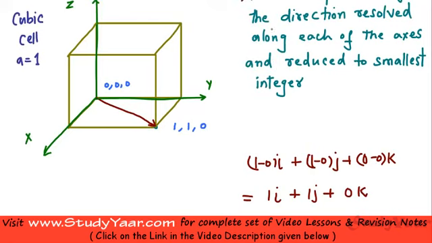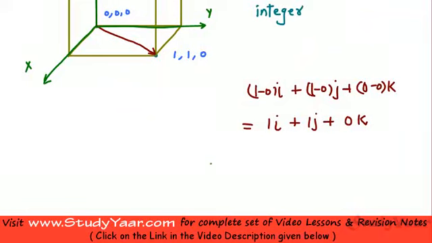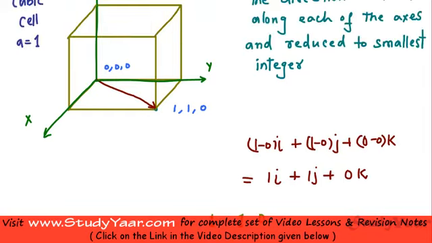Now these are to be resolved along each of the axes and reduced to smallest integers. Along the x-axis you have 1 unit, along the y-axis you have 1 unit, along z you have 0 units. So you have resolved this vector, which represents this direction, along the x, y and z axes. You now also have to reduce it to the smallest set of integers.